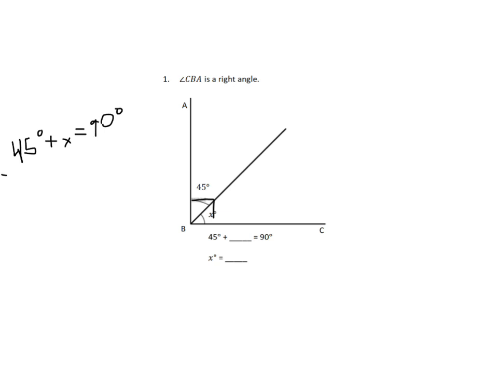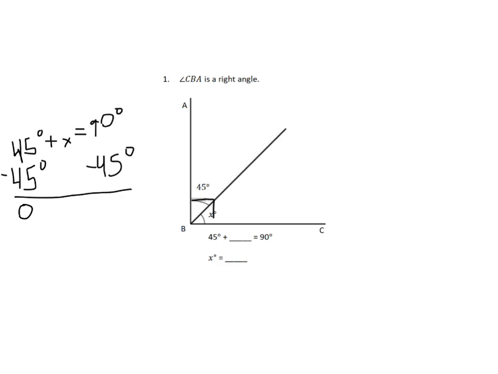So first thing we have to do is subtract 45 degrees from both sides to get x by itself. So we see that 45 minus 45 is 0.